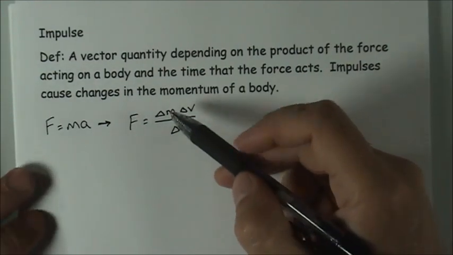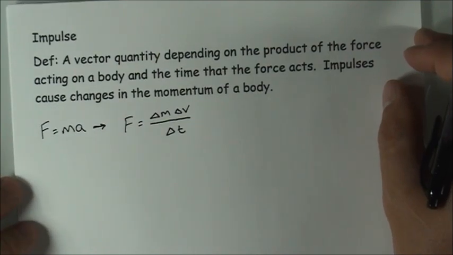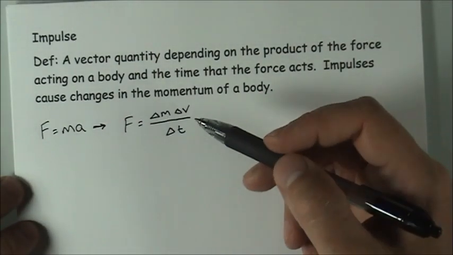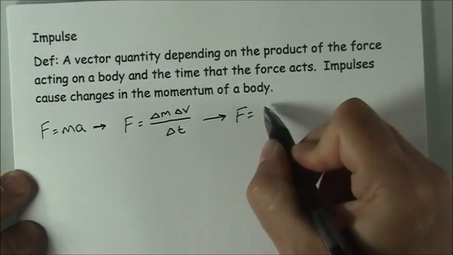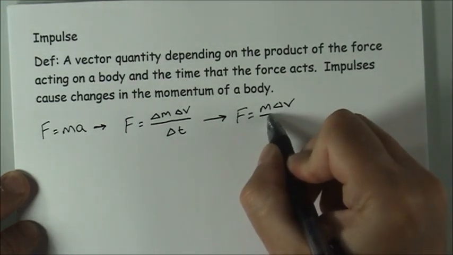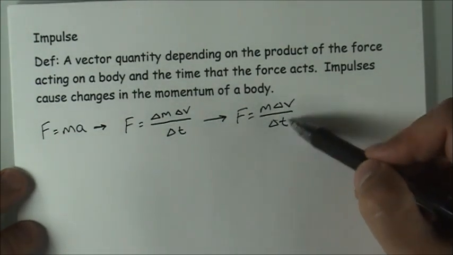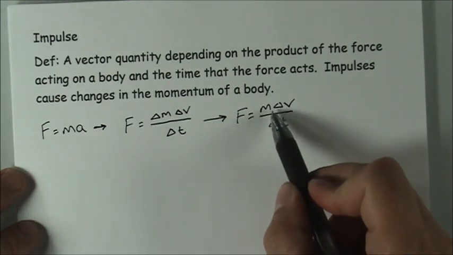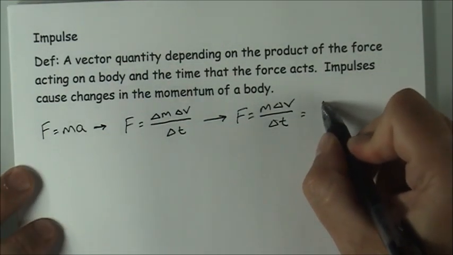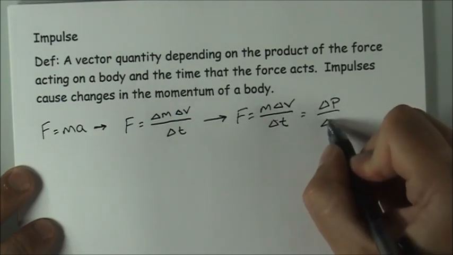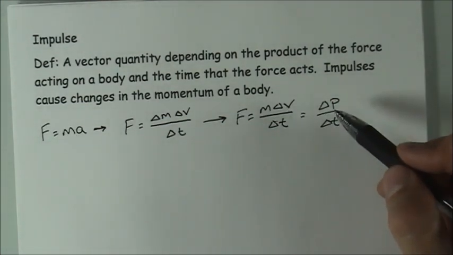For our purposes, we are rarely going to look at an object in which the mass is changing. For the most part, we'll stick with objects where the mass is not changing, which means this equation simplifies. If we connect the v and the t, we get the acceleration, but if we connect m and delta v, then we get delta p. m delta v is the change in momentum.